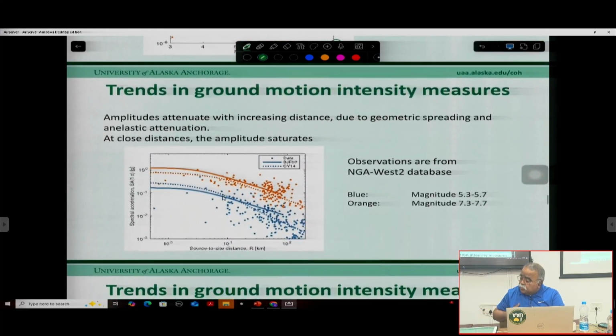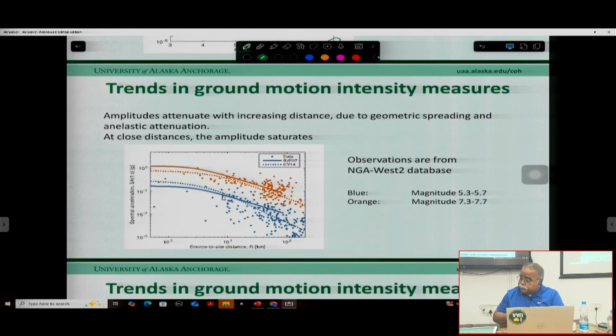Okay, so similarly, this is the spectral acceleration at 1 second at very close distance for magnitude 5.3 to 5.7, which is the blue line, and magnitude 7.3 to 7.7 is this orange line.